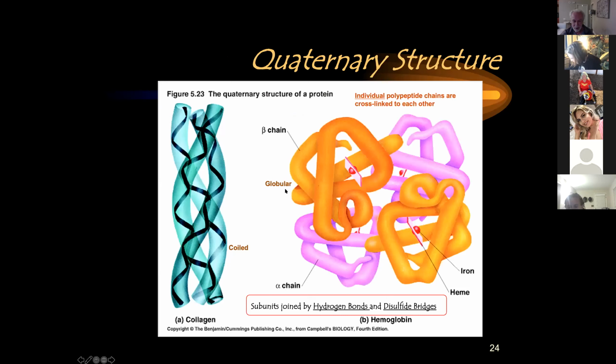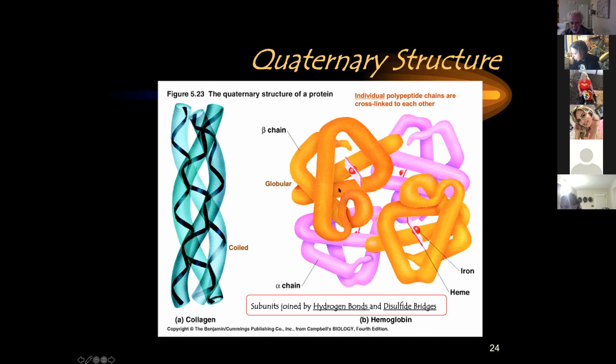And now we have quaternary structure. The thing to remember about quaternary structure, it can be either linear or coiled or globular, but it's formed with individual polypeptide chains. So you can only have quaternary structure if you have multiple polypeptide chains, and they're joined to each other by hydrogen bonds and disulfide bridges.